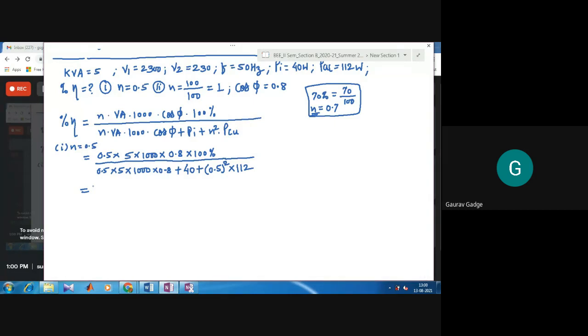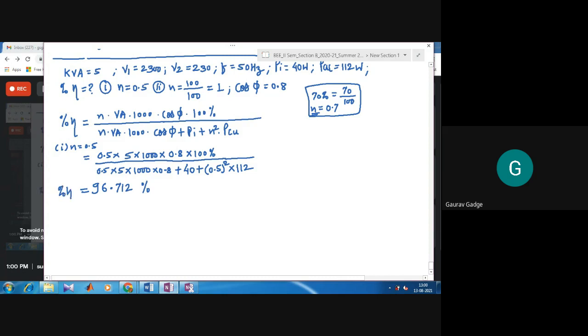So 0.5 multiplied by 5 into 1000 multiplied by 0.8 multiplied by 100, divided by 0.5 into 5 into 1000 into 0.8 plus 40 plus 0.5 square into 112. So the answer to this question is 96.712%.